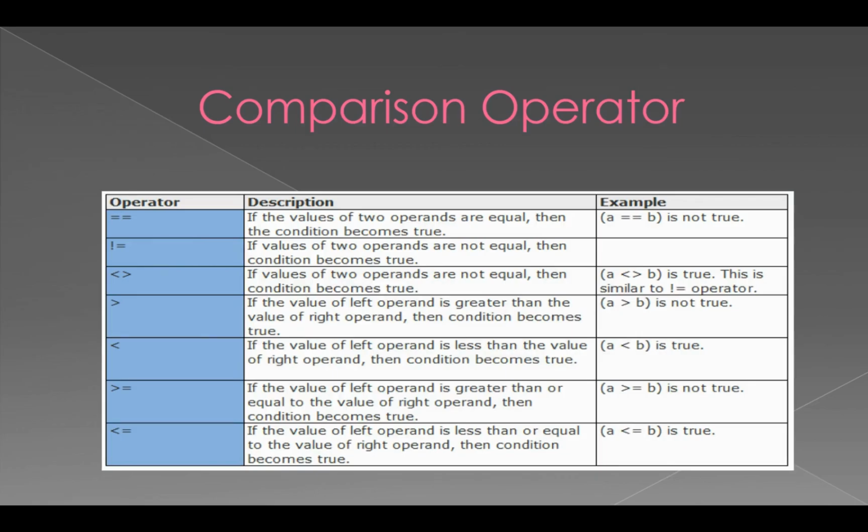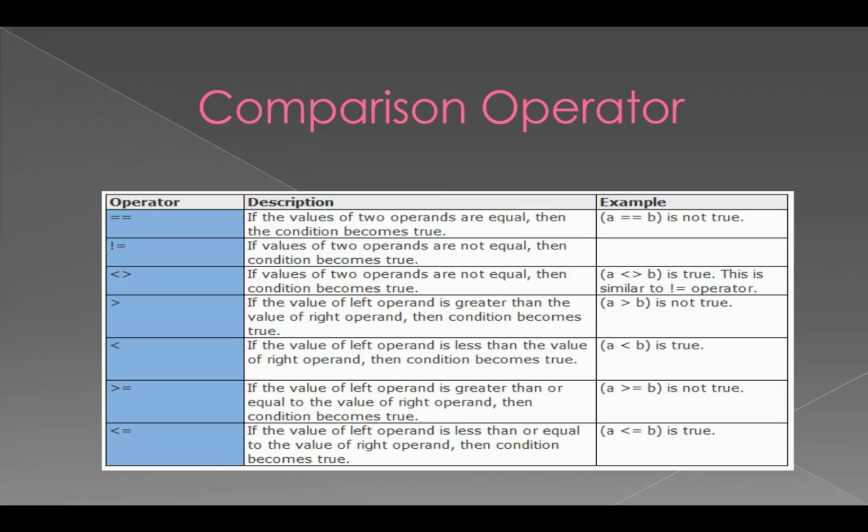Now coming towards the comparison or the relational operator. As the name suggests, comparison means whenever you have to compare any two things, or create a relation between the two things, we use this comparison operator. This double equal to sign is known as the comparison operator, and mainly it is used to compare the values of two variables.